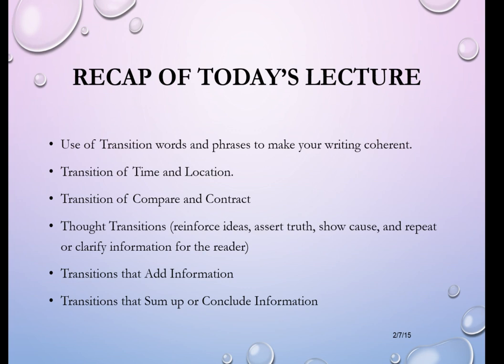Okay, and there are different types of transition words and phrases that we came across, and we went through, and we also looked at some examples. Some of them are transitions of time, transitions of location, transitions of compare and contrast, thought transitions, which are used to reinforce the ideas, to assert truth, to show cause and repeat or clarify information for the reader, and transitions that add information, and transitions that sum up or conclude information.